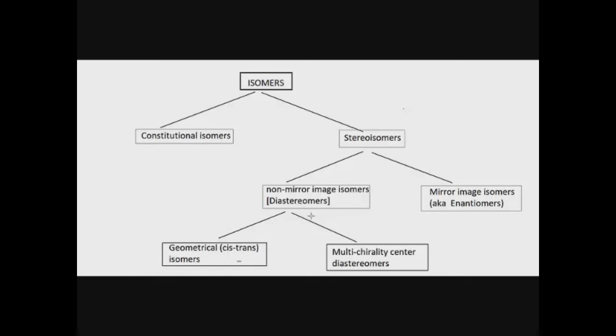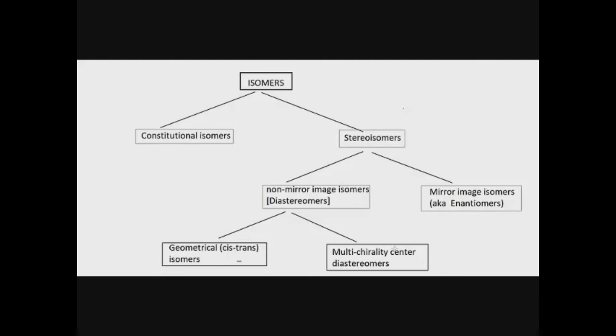Now, what we just looked at previously, Roman numeral 1, 2, 3, and 4, those stereoisomers, the 1 and 3, for example, the diastereomers, we can't call them geometrical isomers because there is no double bond or ring. They're not cis-trans isomers.